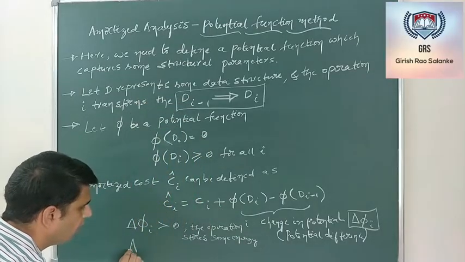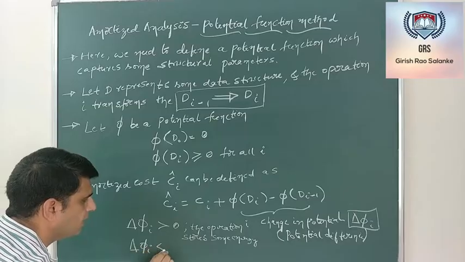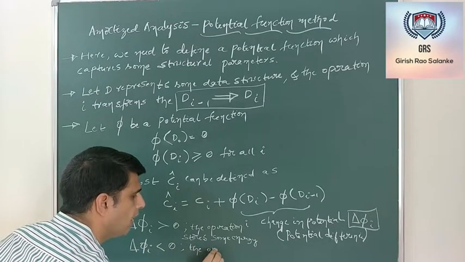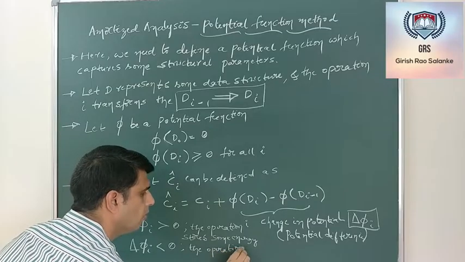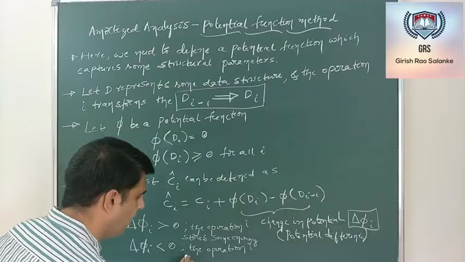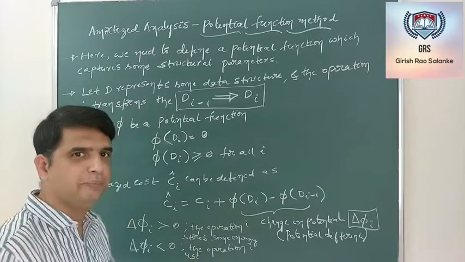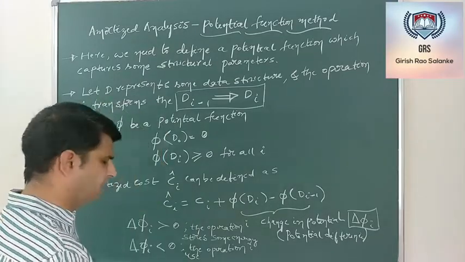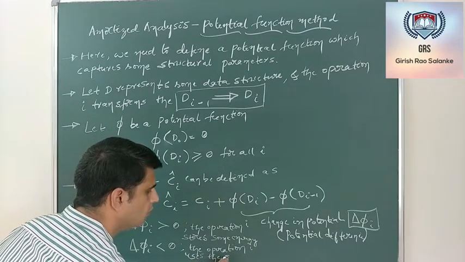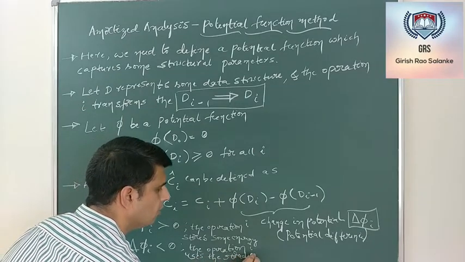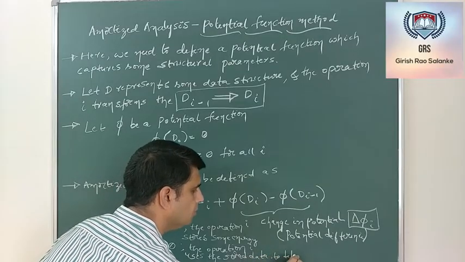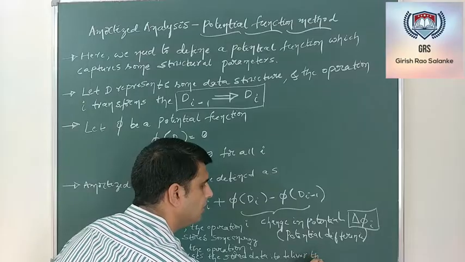Similarly, if delta phi_i is less than 0, then it implies that the operation i uses the data which was stored by the previous operations. Any operation uses the stored data to deliver the operation.